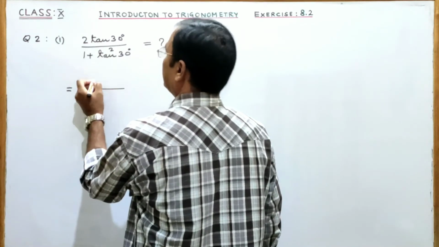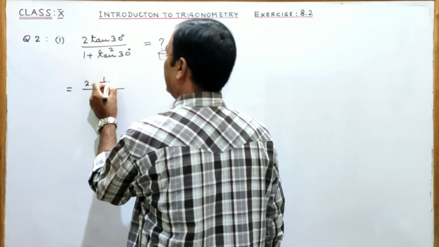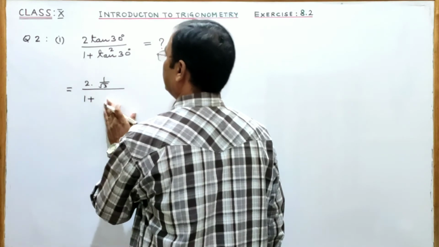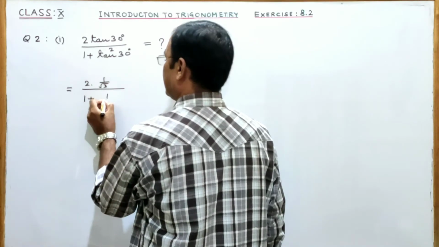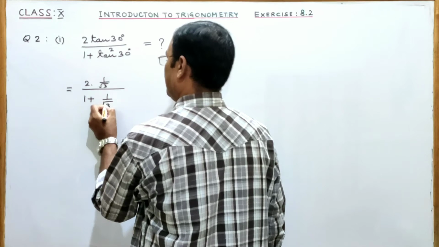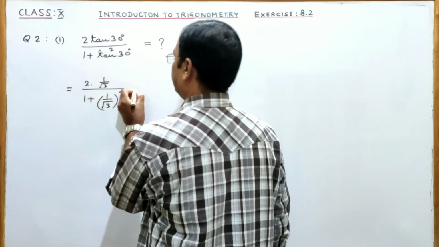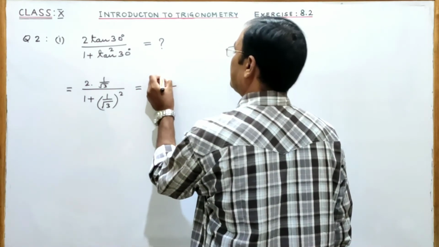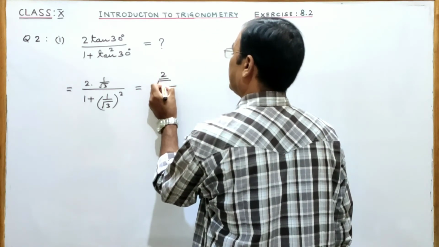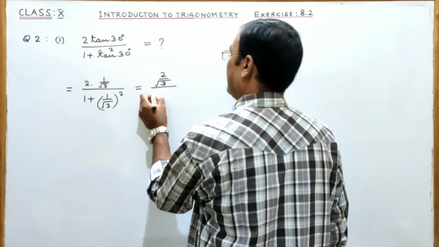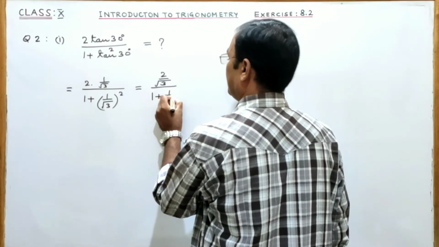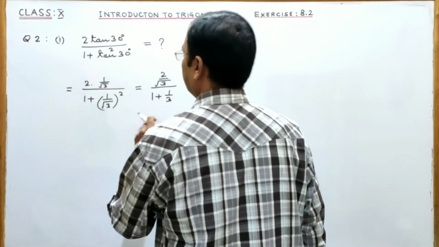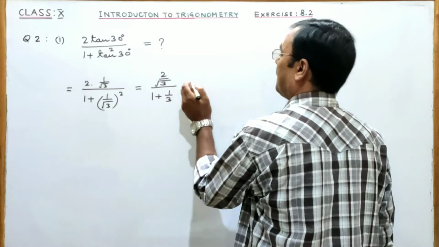2 into tan 30 degrees, value 1 by root 3, by 1 plus tan square 30 degrees, 1 by root 3 whole square, and this is equal to 2 by root 3 by 1 plus 1 by 3. 1 by root 3 whole square is 1 by 3.